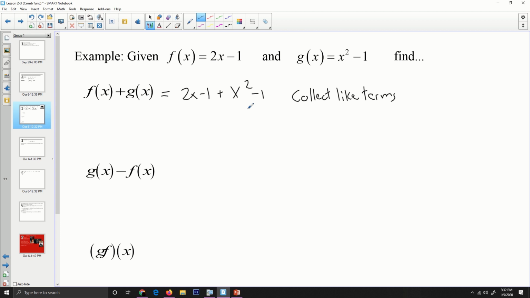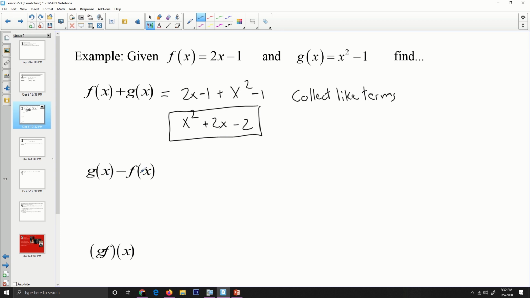So x squared is a term unto itself, so x squared, and then I get 2x, and then negative 1 and negative 1 would be negative 2, and that is going to be my final answer for that one.